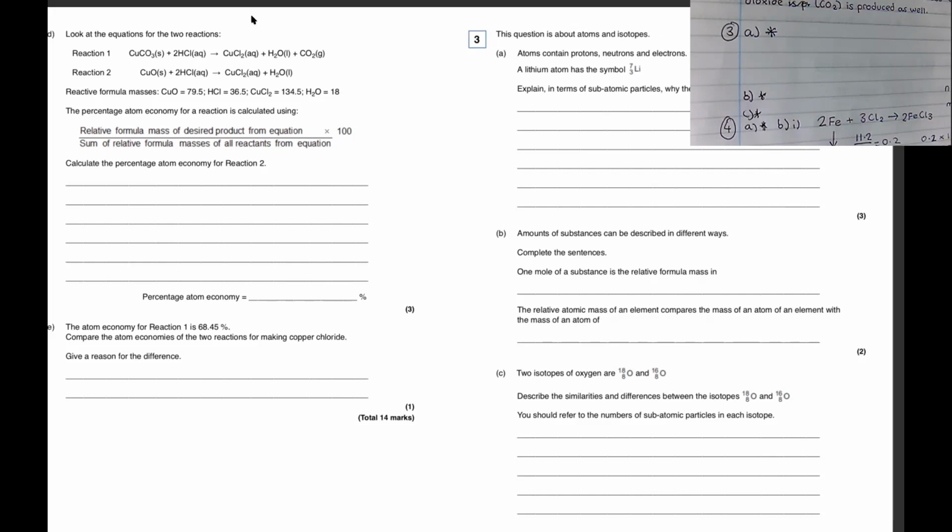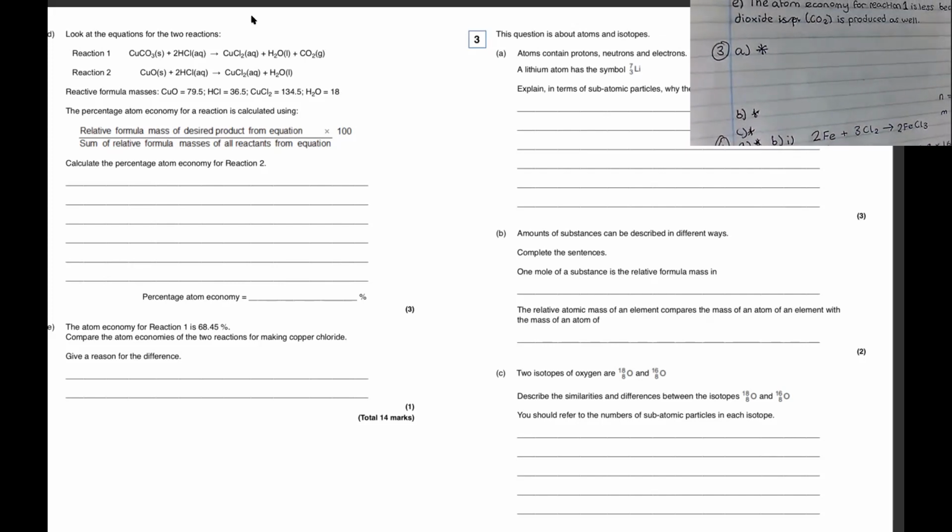So the relative mass of a neutron and a proton is 1, while the relative mass of an electron is nearly 0. So say that again? The relative mass of a proton is 1, as well as a neutron, they're both 1, and the electron is nearly 0. Correct.